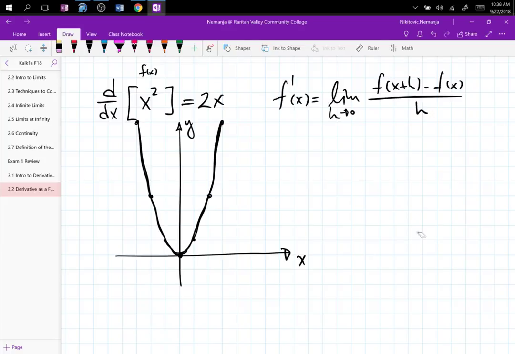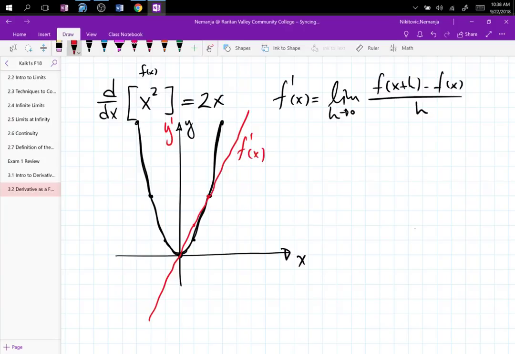Now, if you consider the derivative function, which is your y prime, we are going to draw a linear line. It goes like this, and that's our f prime of x.